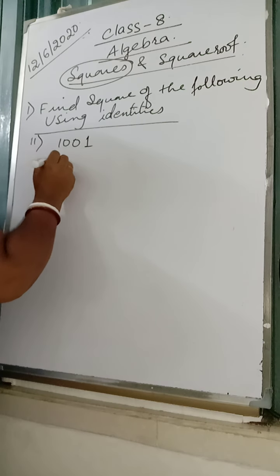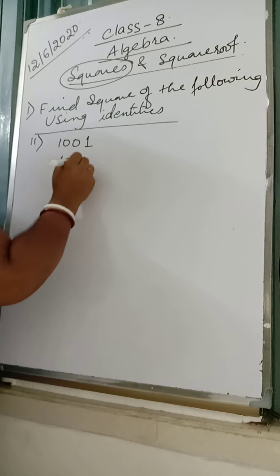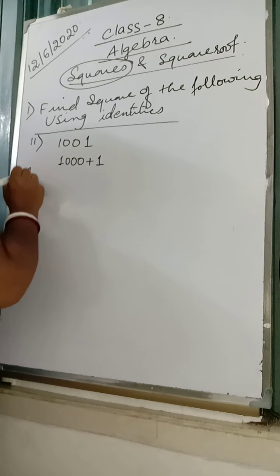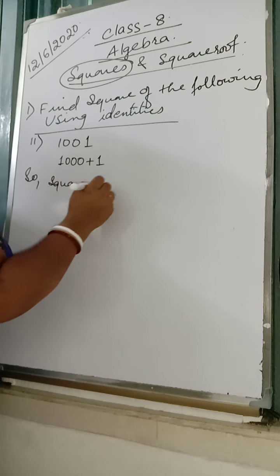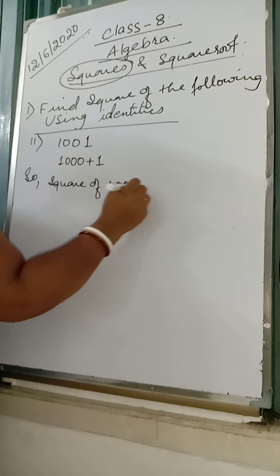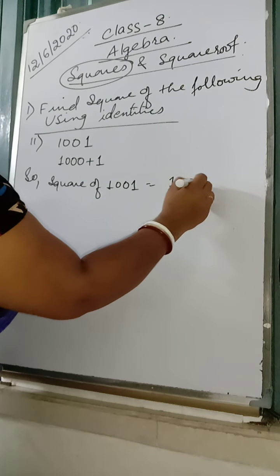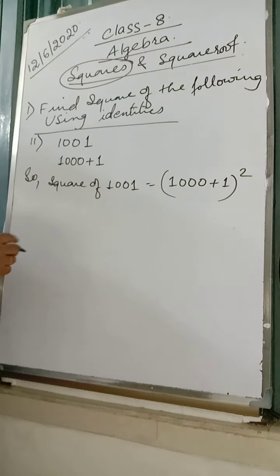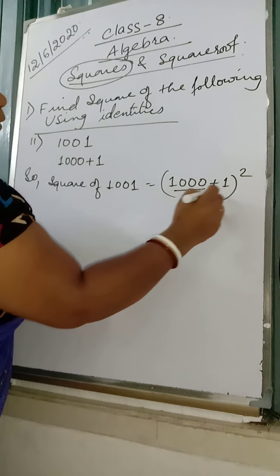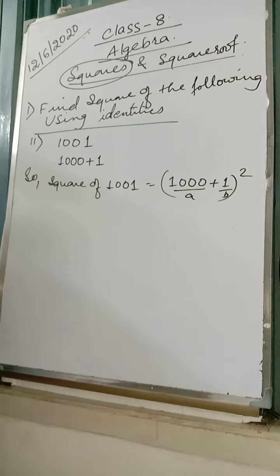Now this 1001 could be written as 1000 plus 1. So the square of 1001, we can write it 1000 plus 1 whole square. Now it is in the term of a plus b whole square. What is the formula of a plus b whole square?